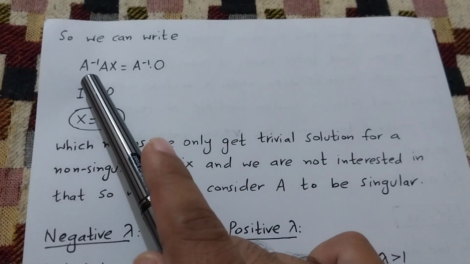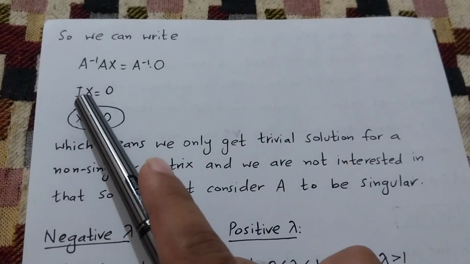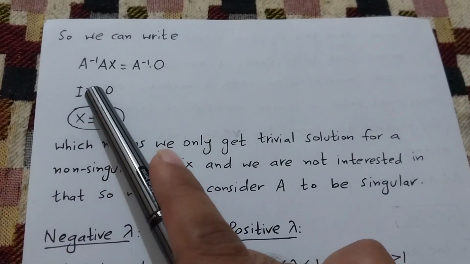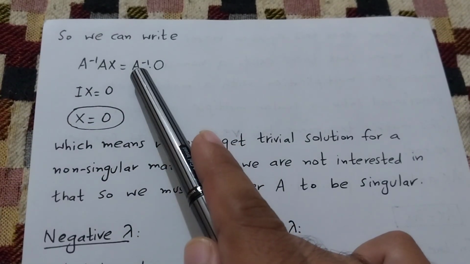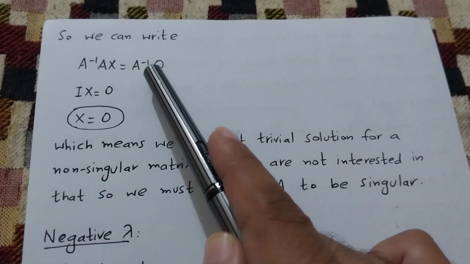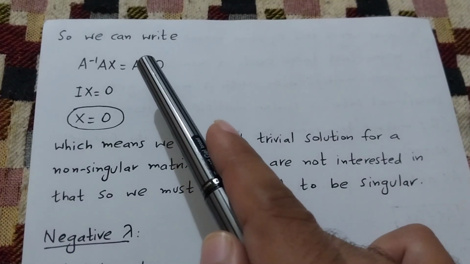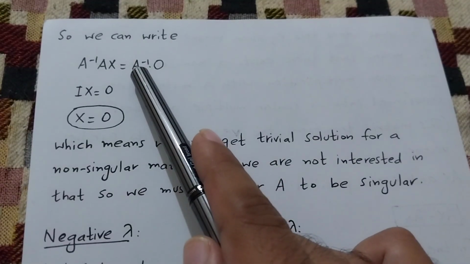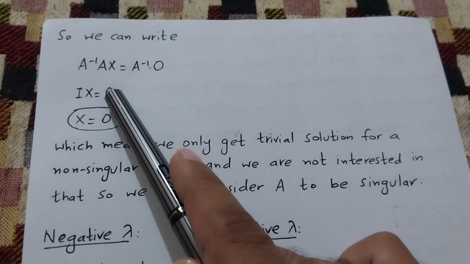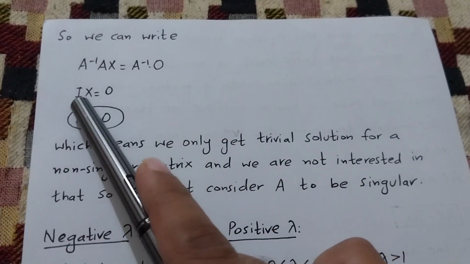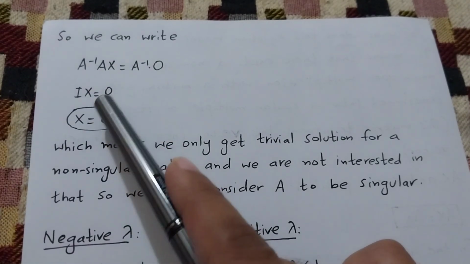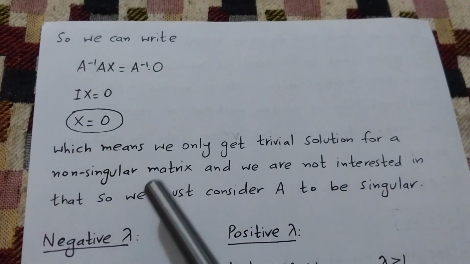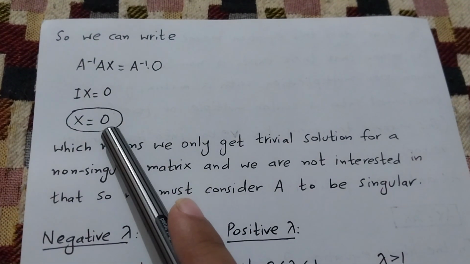So a inverse into A is the identity matrix, and identity matrix into x, and a inverse multiplied by zero. Zero here is a vector, basically a null vector. So a inverse into null vector is null vector, and identity matrix into some vector is equal to that same vector. So x is equal to null vector.